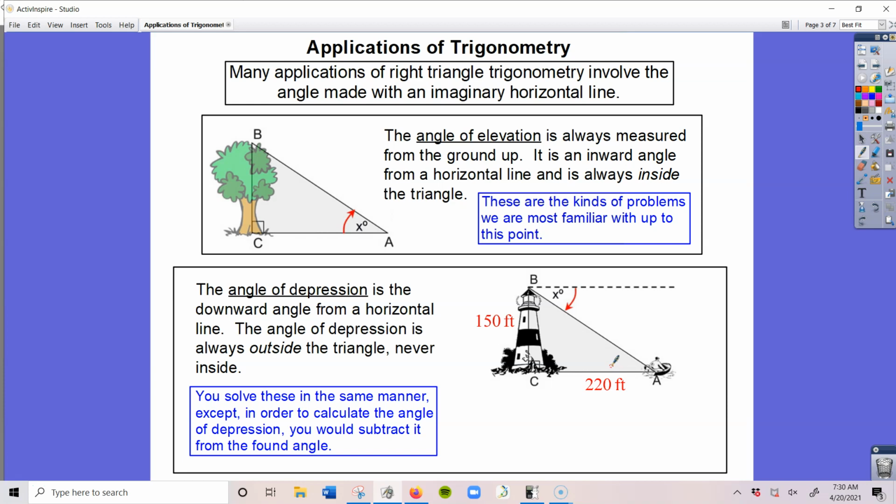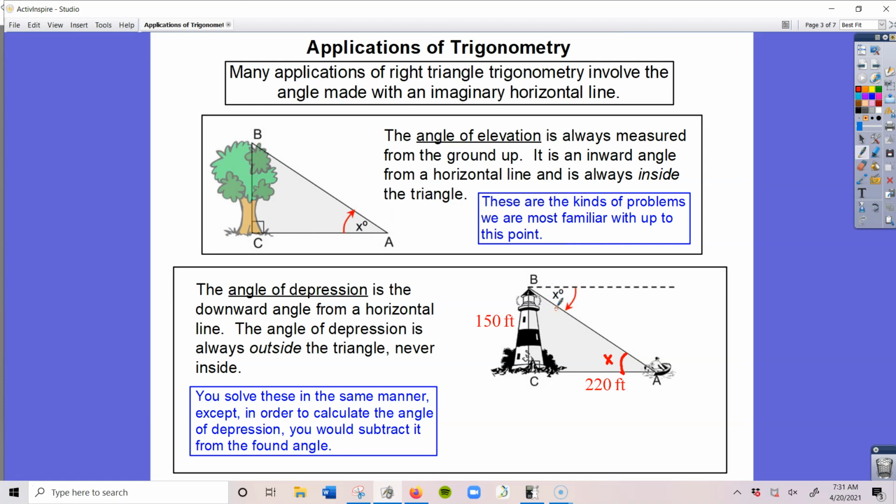Alternate interior means alternate sides of the transversal, but interior of those parallel lines. So see how it's opposite sides of the transversal, the x is on the top of the transversal, here the x is on the bottom of the transversal, but they are both inside of those parallel lines. In geometry, we learn that they are congruent, meaning that they are equal in measure.